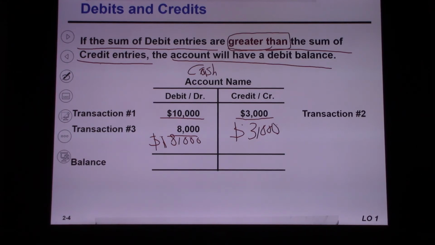So in this case, we have $18,000 as the sum of the debit entries, which is greater than the sum of the credit entries. We will have a debit balance of the difference, which is $15,000. So again, if the sum of the debit entries is greater than the total amount of the credit entries, your balance will be a debit balance.